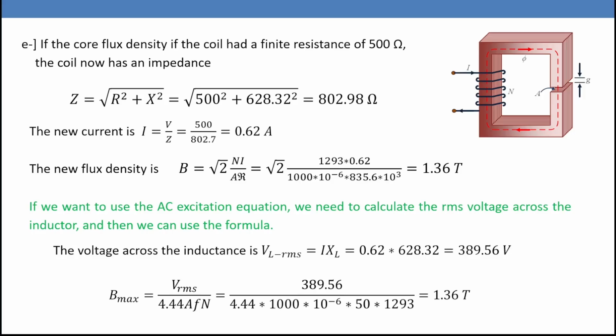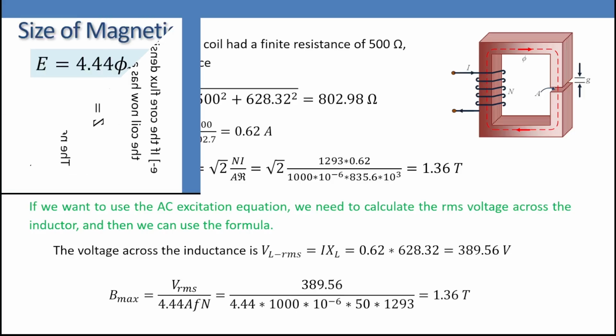So that one will be 389.56 over 4.44, 10 times 10 to the power minus 6, multiplied by 50, 1293, which gives you the same answer we calculated from the MMF equation, which is 1.36 Tesla. So let me repeat that one again. If we like to use the AC sinusoidal excitation equation, we need to calculate only the voltage across the reactance.